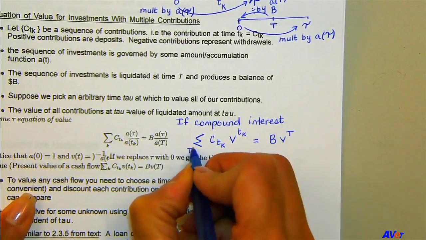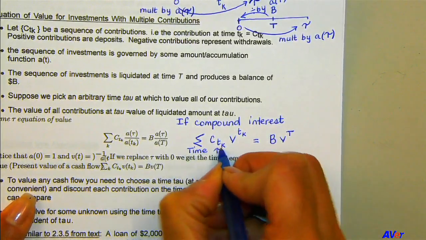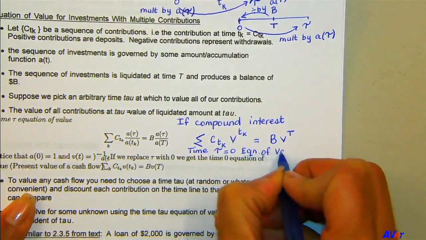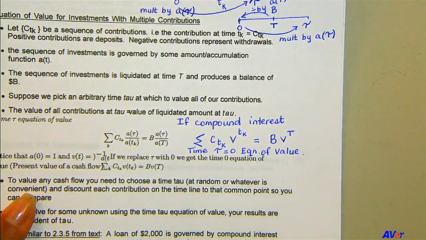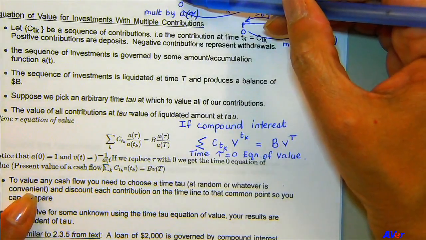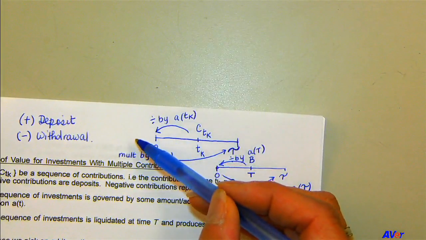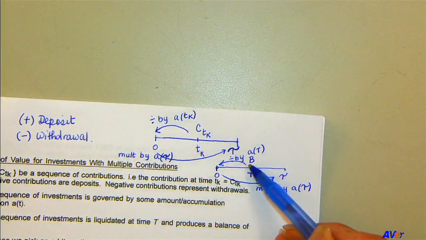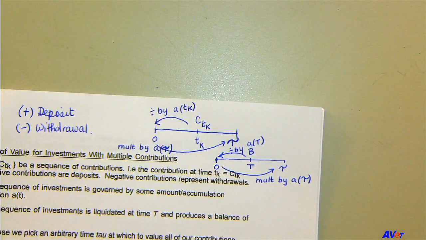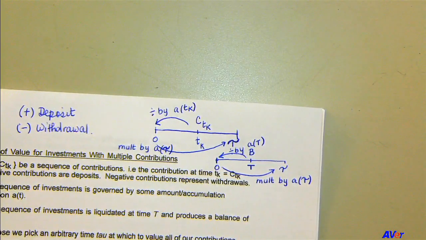This would be the time tau equals 0 equation of value. Does this make sense to you? Meaning, if I choose to bring everything to 0, period, then it would just be all of these C's brought back equals B brought back. How do you bring B back? You multiply by V to the t power. Anybody lost?